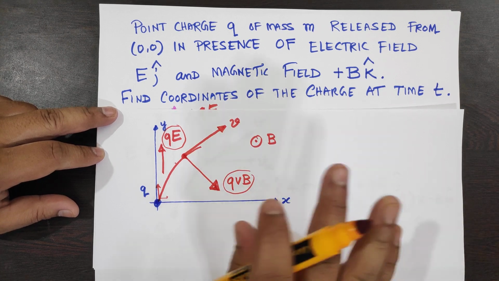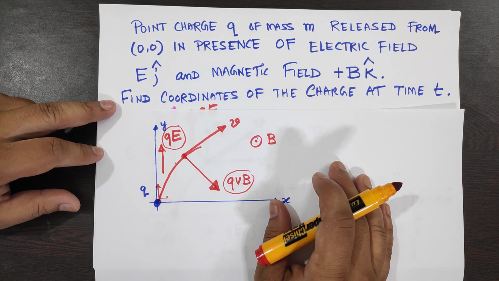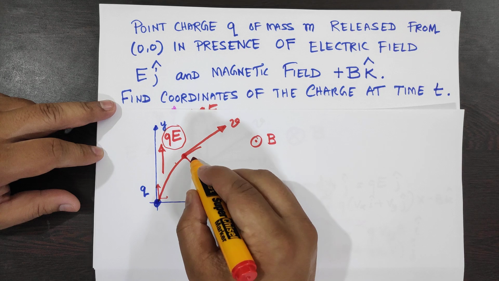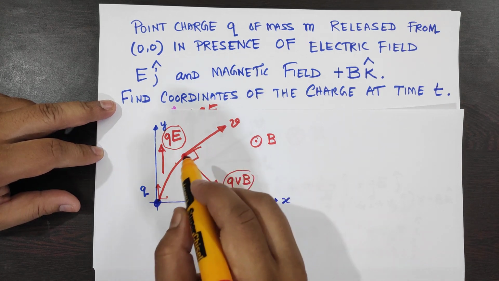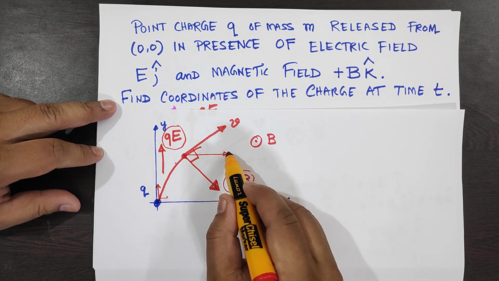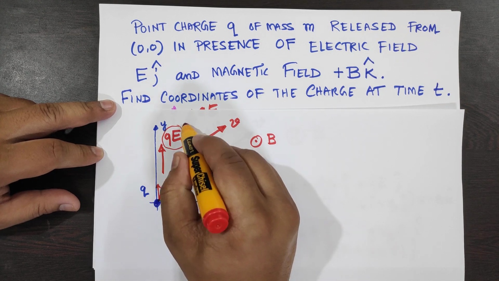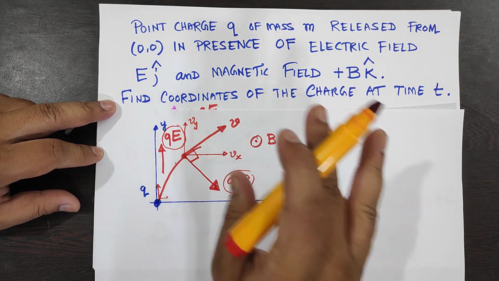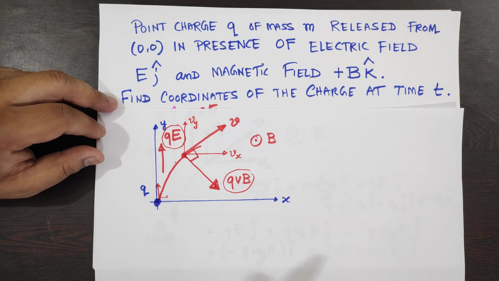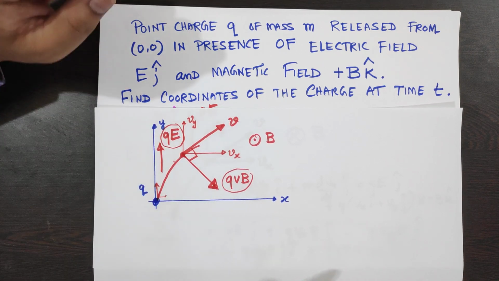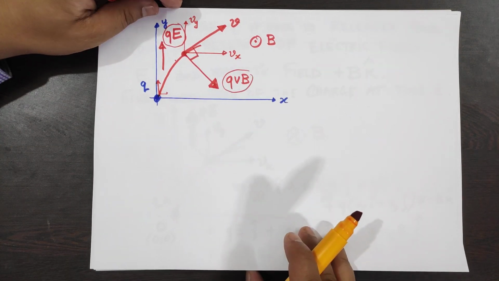Okay. So let's find out the equations of motion of this. Let us split the velocity into the components Vx and Vy. There is no motion in the z-axis, that is for sure. The particle will move in the xy plane.